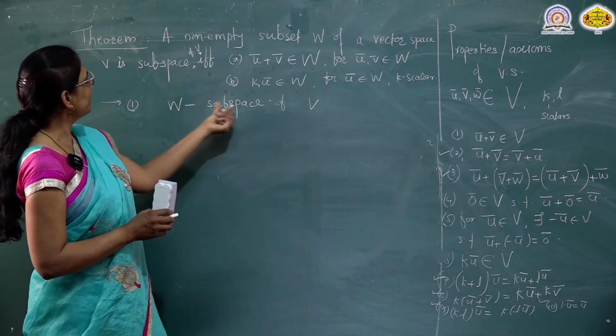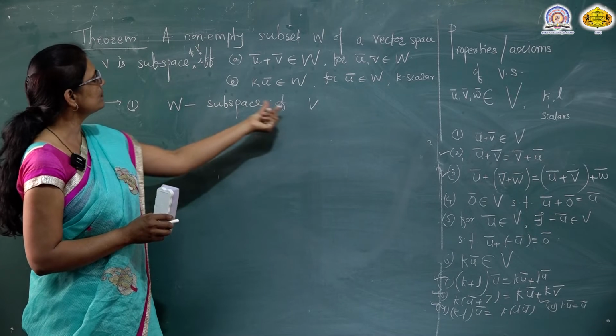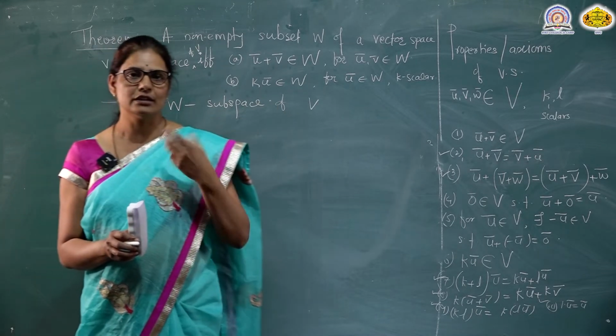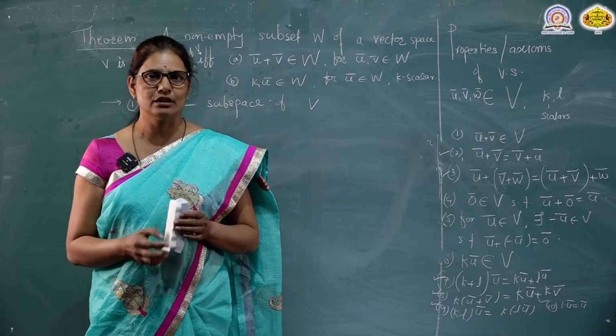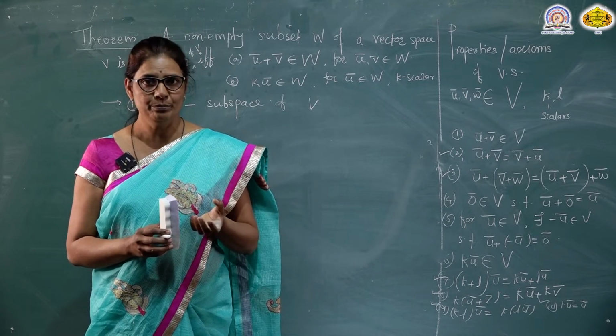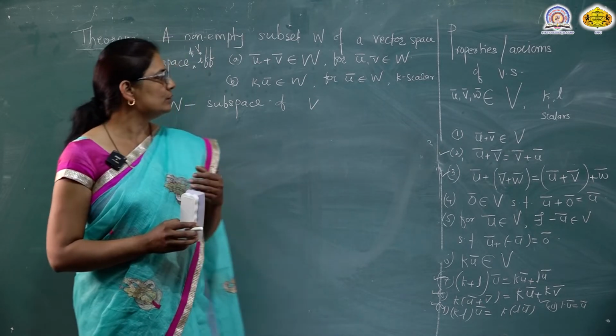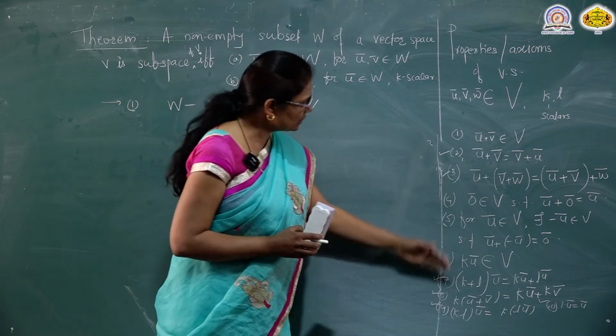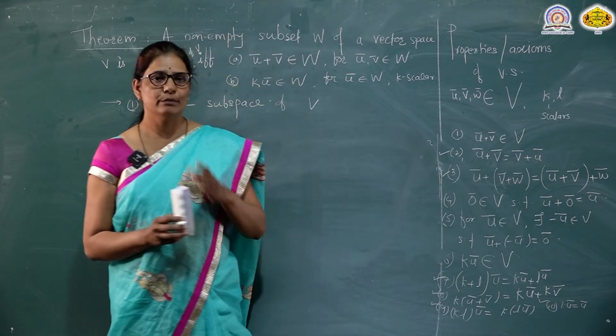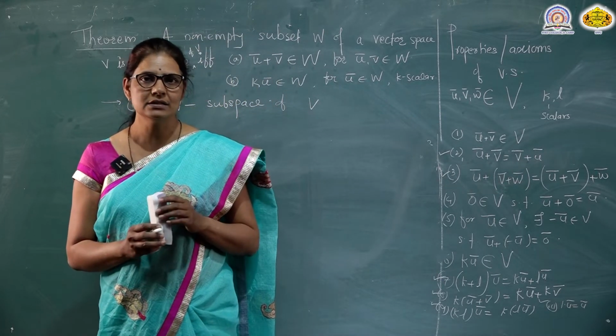Now see, by definition of subspace, if W is a subspace of V, W itself is a vector space with respect to the addition and scalar multiplication which are defined on V. And therefore, W satisfies all these 10 axioms for all U bar, V bar, W bar belonging to W and K scalars.